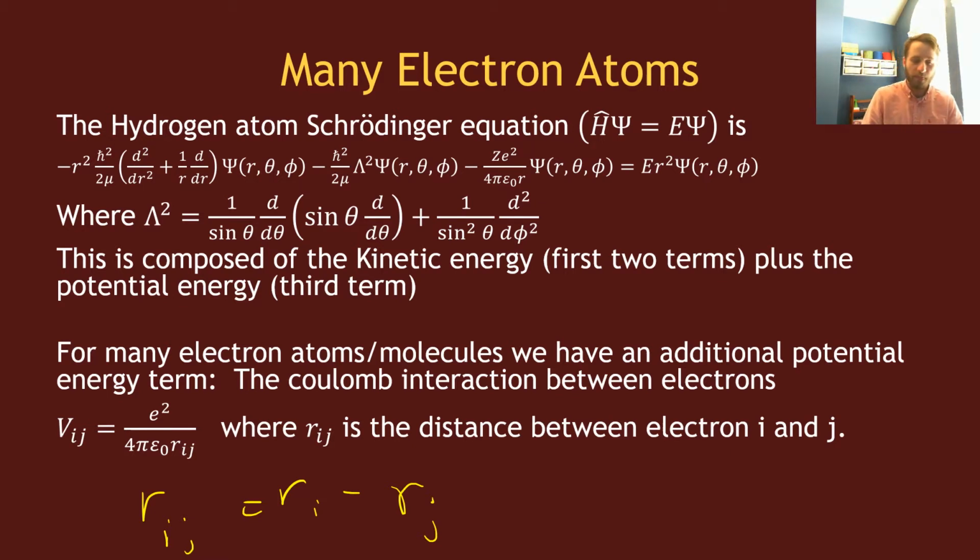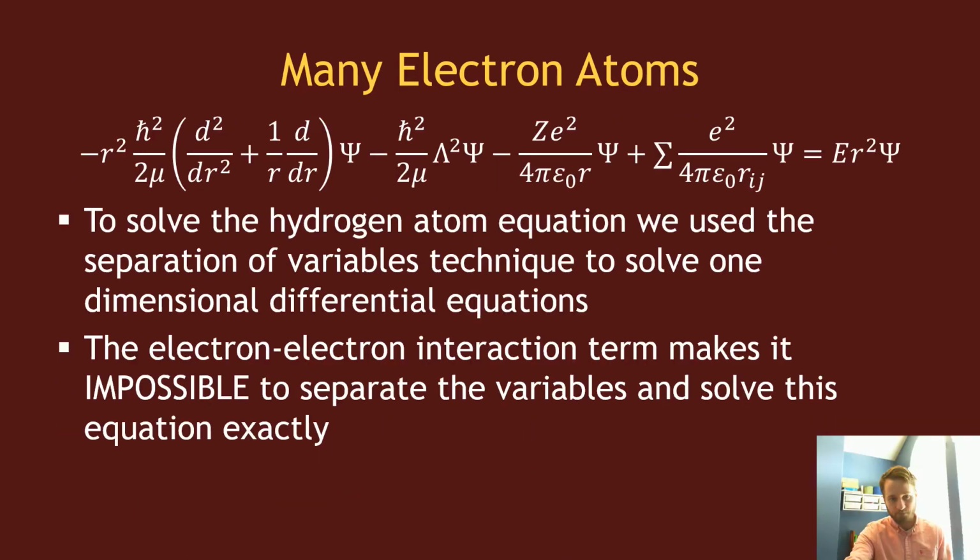So Rij is essentially the difference between the position of electron i and the position of electron j. Now the problem is that the fact that I'm dividing by this, the fact that I have 1 over Rij, makes this a problem. For the hydrogen atom, we do not have this last term.